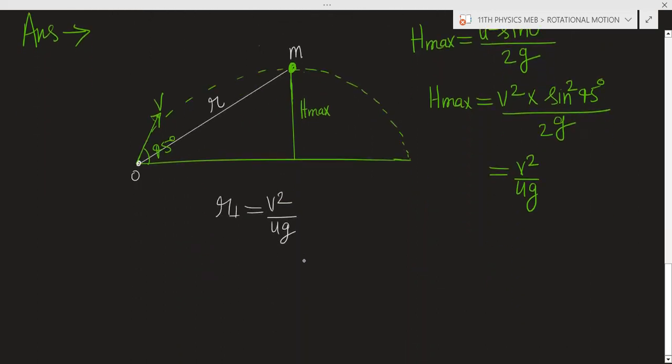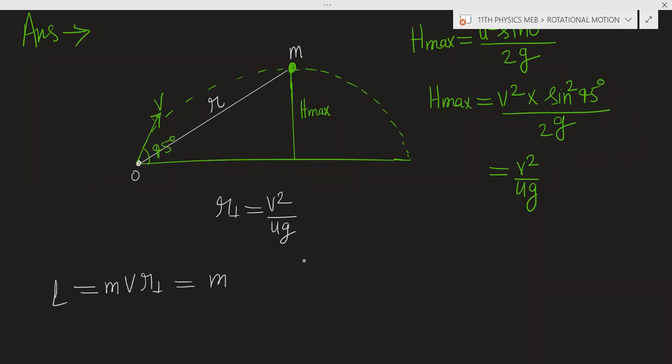Now we can find it easily. We want to find the angular momentum. So angular momentum is equal to m v into r perpendicular. So m is m, v is v, r perpendicular is v square by 4g.